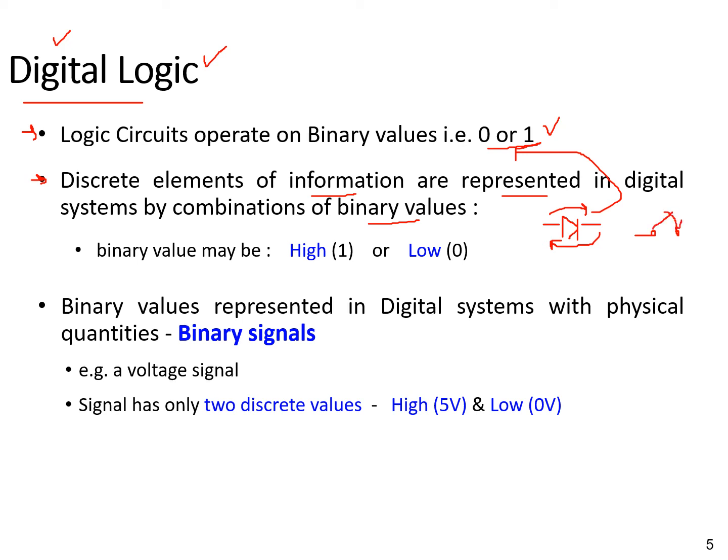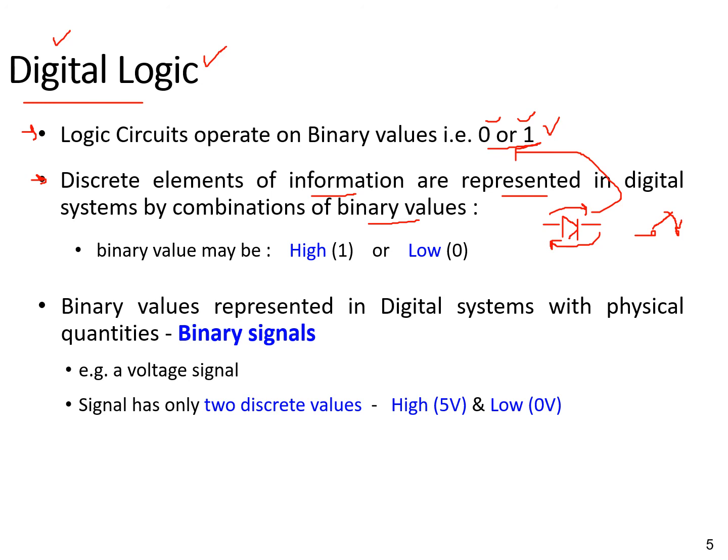So if we represent the state of the switch by means of zeros and ones, we may configure these elements in two states. If we talk about the transistor, we may operate it in two states, either saturation or cutoff. These saturation and cutoff states may be represented by two binary values, zero and one. A capacitor may be in the charged state or the uncharged state.